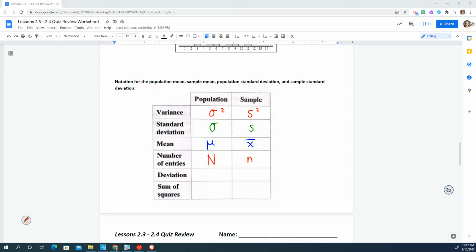Deviation is the distance away from the mean: here's your data entry minus the mean. That's what deviation is. There are no questions that straight up ask you for your deviation. It's just used in the calculation of standard deviation. This next one is the same thing, but using the correct notation for the mean.